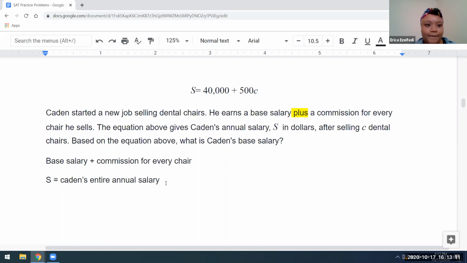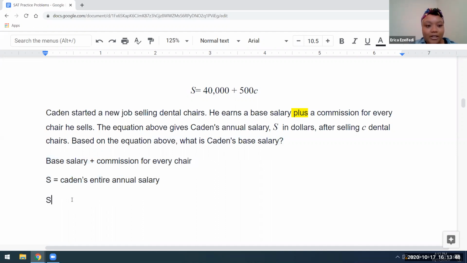So now we can go to the second sentence of the question, where it says he earns a base salary plus a commission for every chair he sells. So if S is his entire salary, and we know that he earns a base salary plus commission for every chair, then we can put together these two statements.